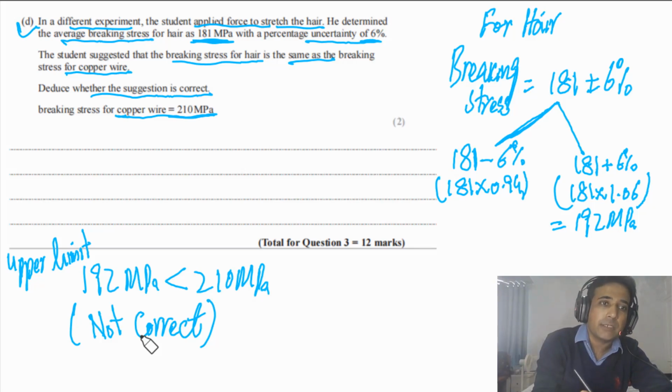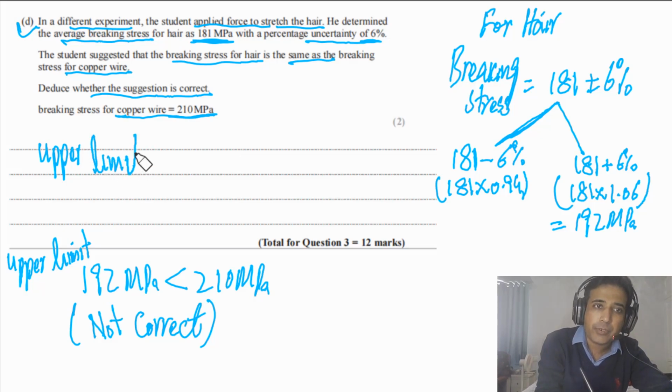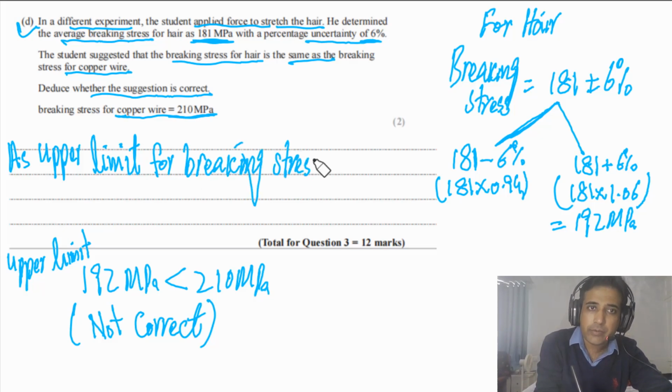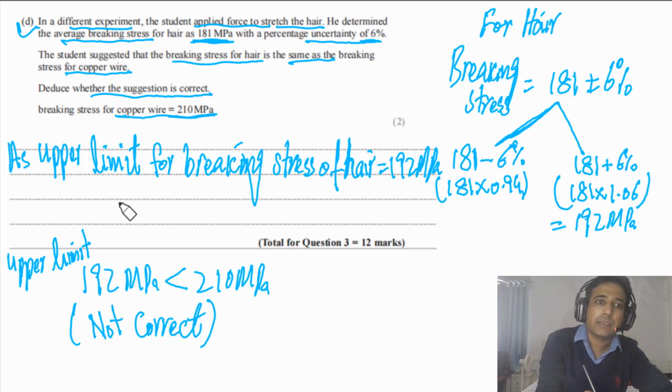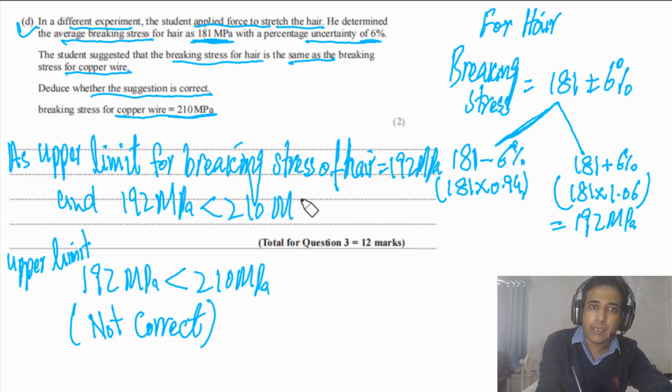Let me explain a little how you can write down the answer. You can say: the upper limit for breaking stress of hair is equal to 192 megapascals, and 192 megapascals is lower than 210 megapascals, so the suggestion is not correct.